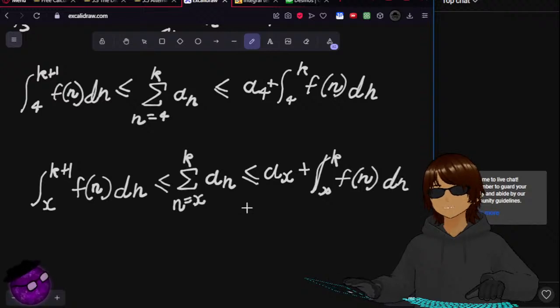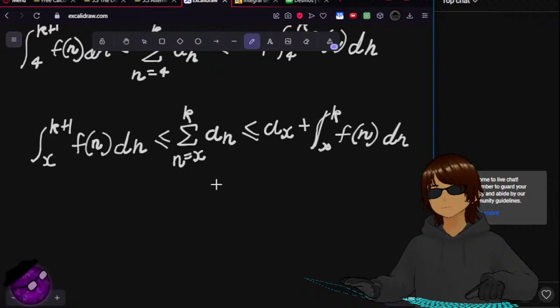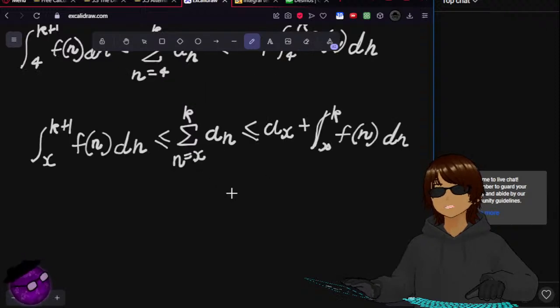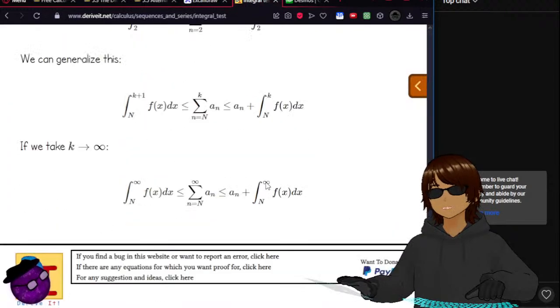Like from x onwards, f of n is equal to a of n. Then this formula works. That is the integral test. I use capital N here.